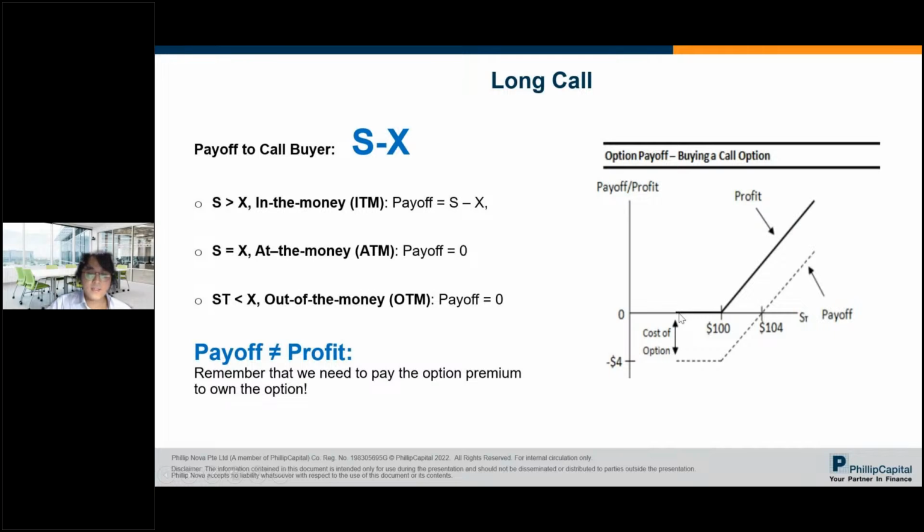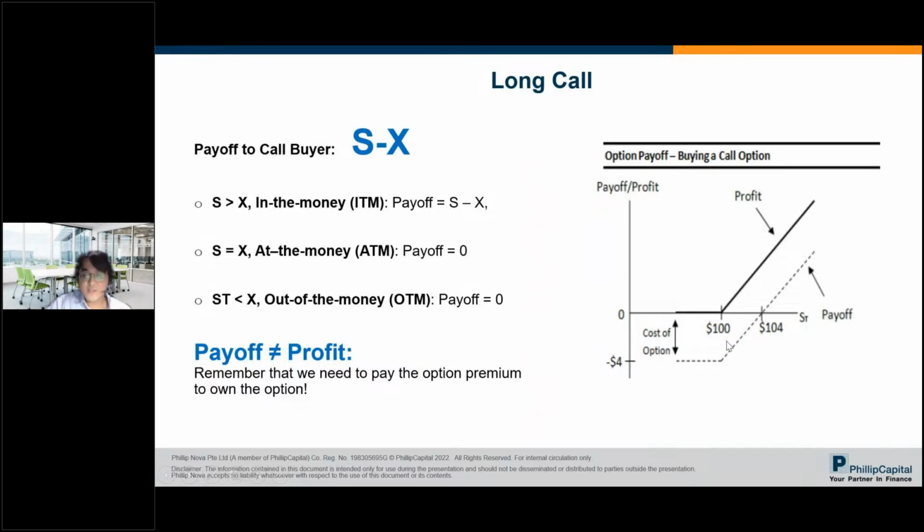The straight, bolded line essentially shows the payoff of a call option, excluding the premium. The dotted line shows what your real profit is. It shows that before the underlying price exceeds the strike price, your loss will be the cost of the option, which is essentially the premium.